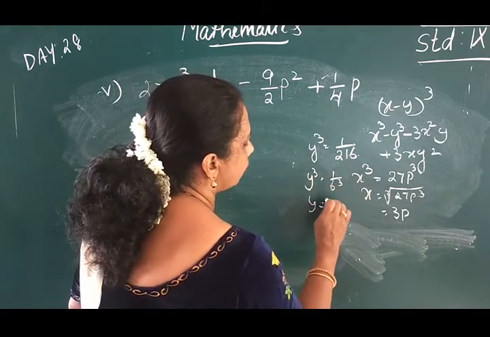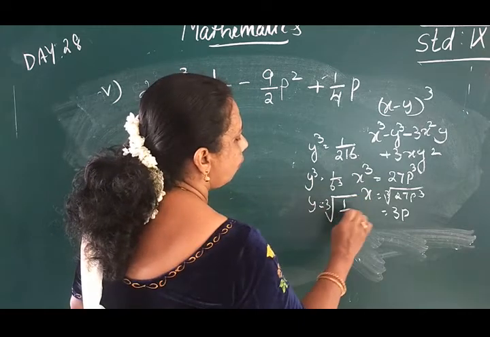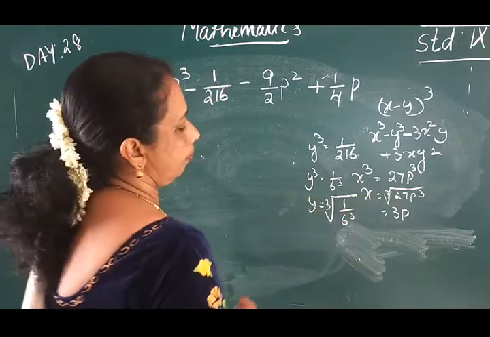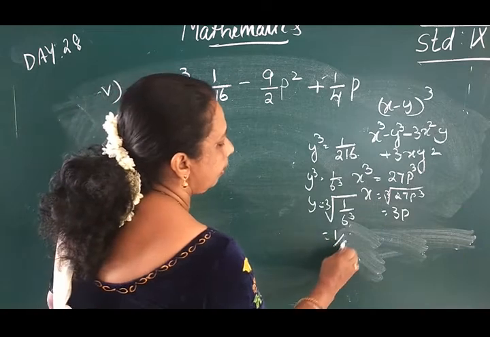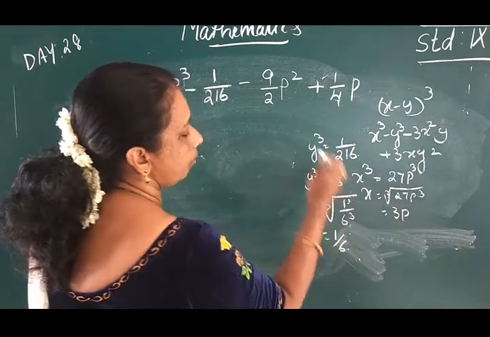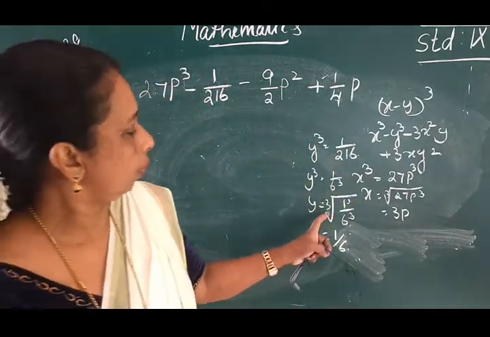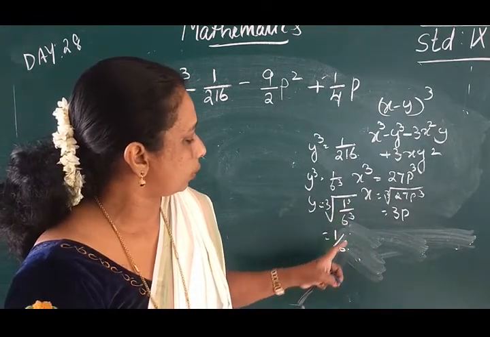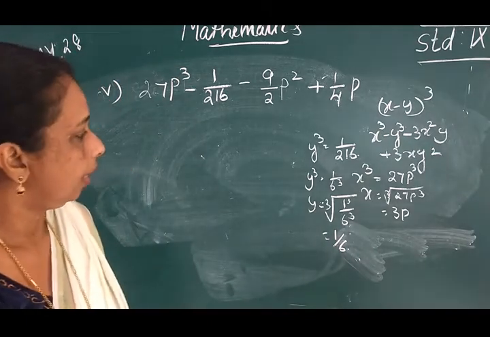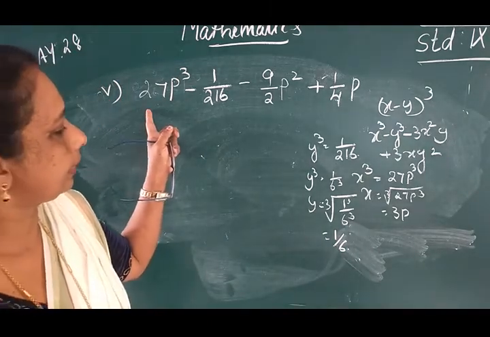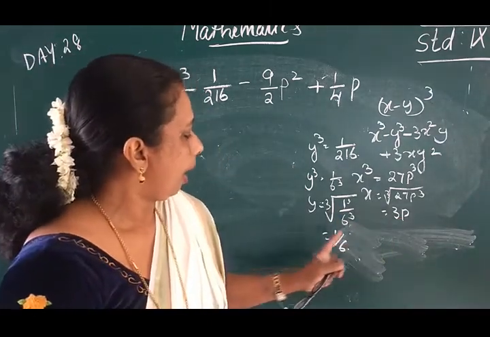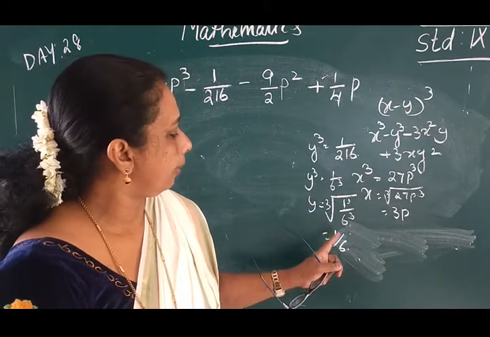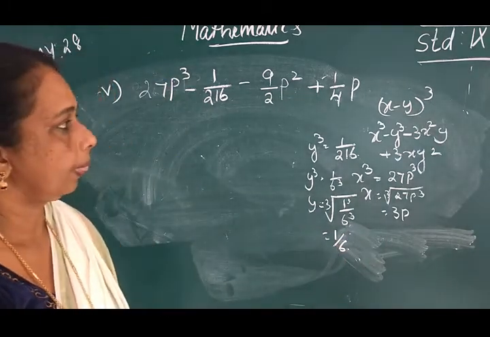So y is equal to the cube root of 1 by 6 cube. Cube root of 1 cube is 1, cube root of 6 cube is 6. That is 1 by 6. Here we get x is equal to 3p and y is equal to 1 by 6.